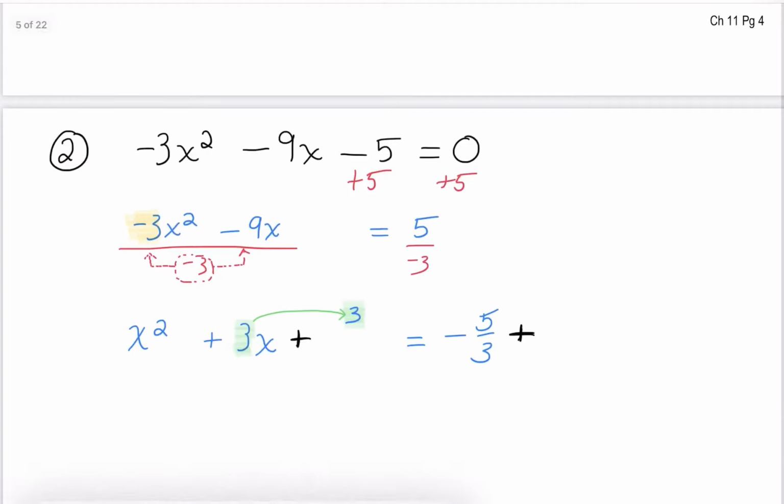And then the rest of it is always the same. It is divided by 2, quantity squared. Whatever you do to one side, you have to do in balance to the other side. So you have to add in this 3/2 squared to the right-hand side as well.